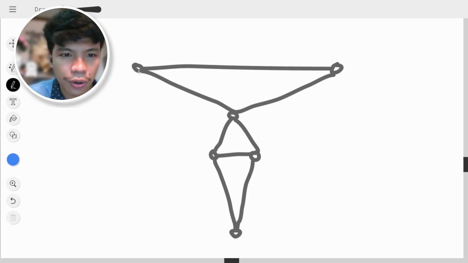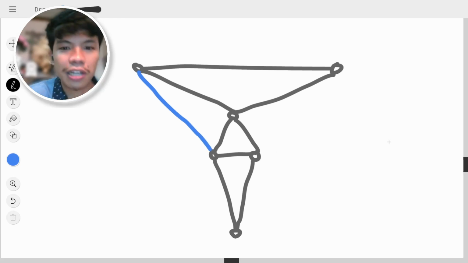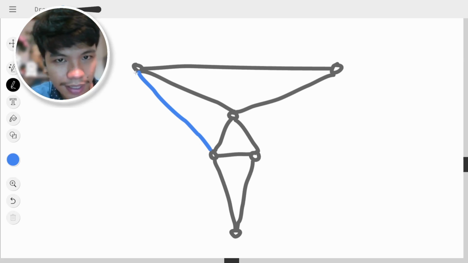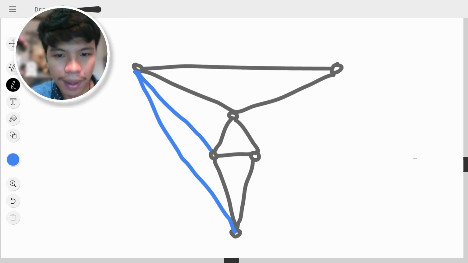If we try to connect them, it will not result in a non-planar graph, because there are no crossing edges. So we continue. How about the other vertices?